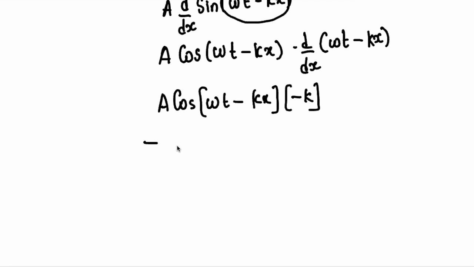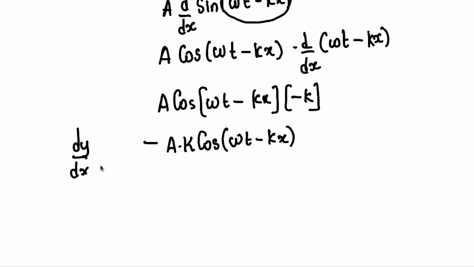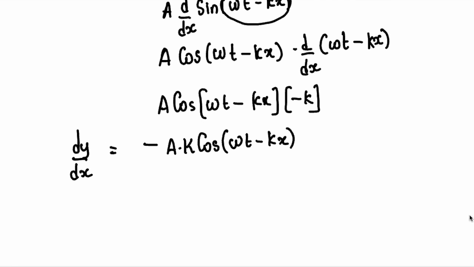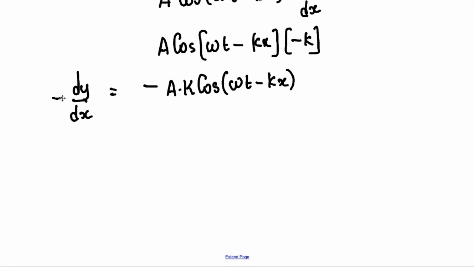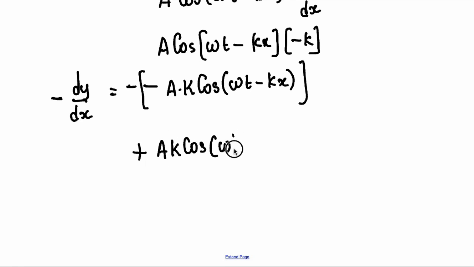Hence I get minus a k cos(omega t minus kx). But what I want is minus of dy by dx, hence taking the minus sign on both sides, it becomes positive and I get positive a k cos(omega t minus kx).